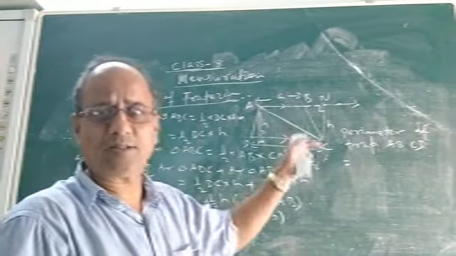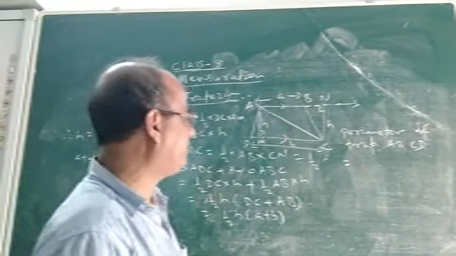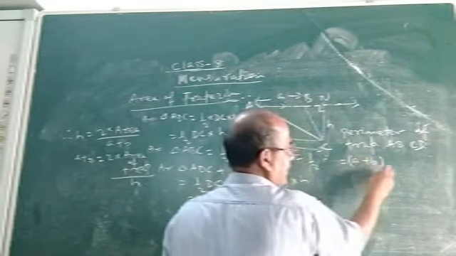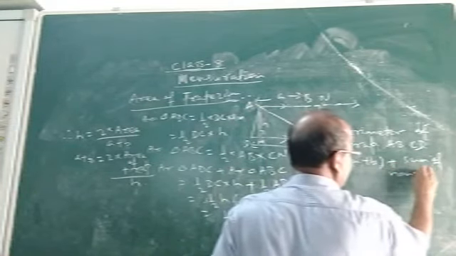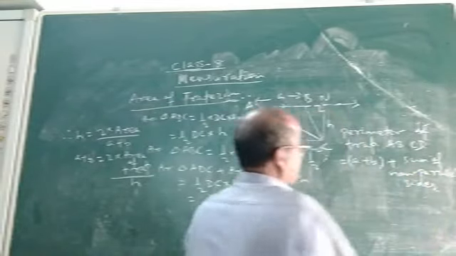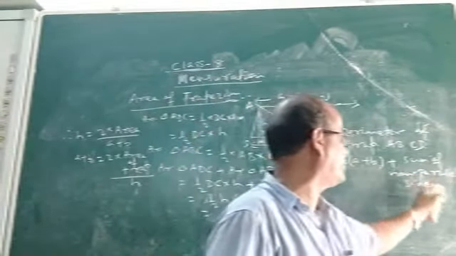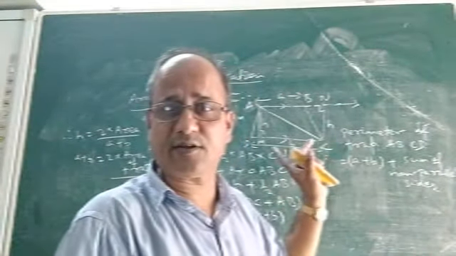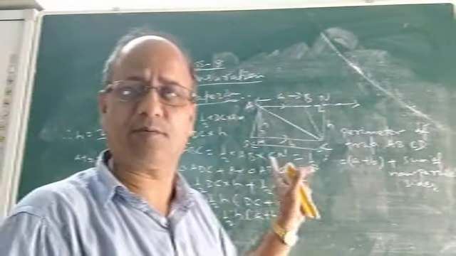So perimeter is the sum of the parallel sides plus the sum of the non-parallel sides. So if you are given the perimeter and the sum of the parallel sides, you can easily compute the sum of the non-parallel sides. The perimeter of a trapezium is the sum of the parallel sides plus the sum of the non-parallel sides.